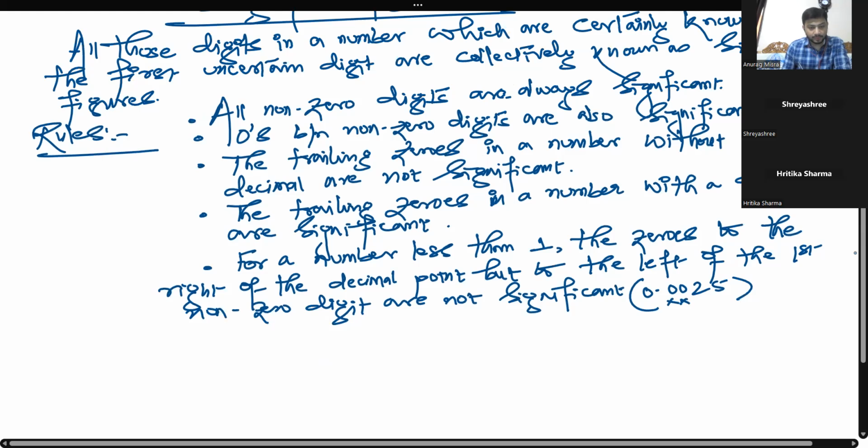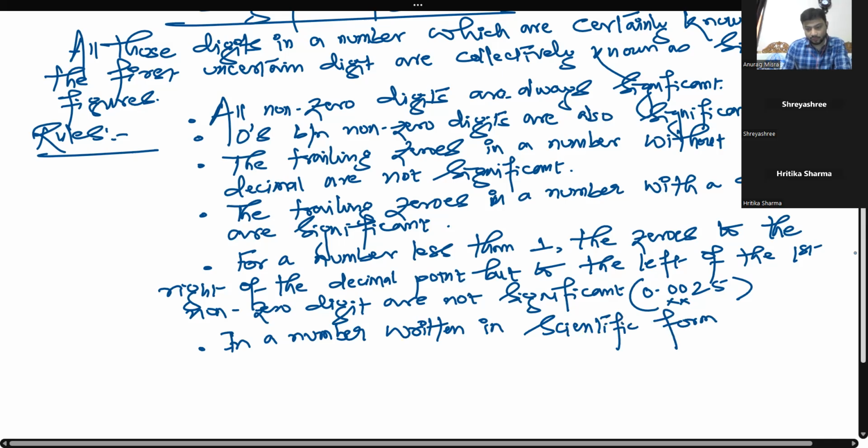Next, we have to remember that for a number written in scientific form, how do we write scientific form? A into 10 to the power b, where A is the real or characteristic part and 10 to the power b is called the decimal multiplier.